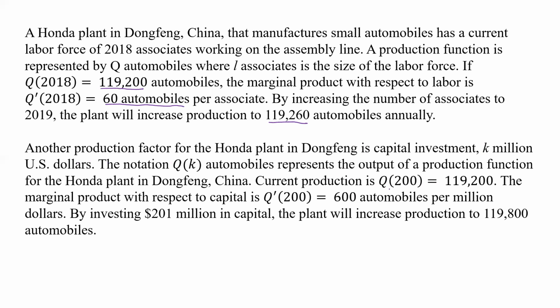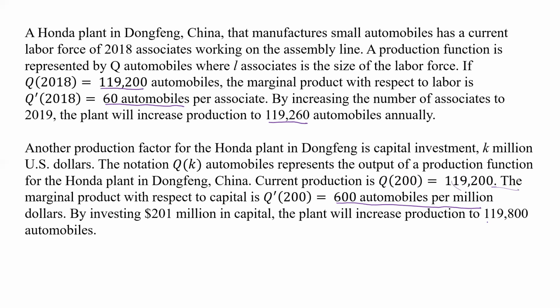So if our current production is Q of 200 million and we get 119,200 automobiles out, well, if the marginal product with respect to the capital is, again, we're taking our derivative of our Q function, and if we get 600 automobiles per $1 million invested, what happens is then if we increase this to 201, that means we're going to increase by 600 automobiles per million. So we're going to add 600 automobiles to our original value here.